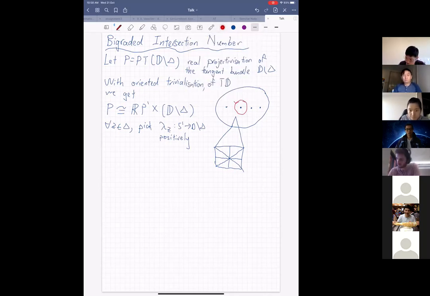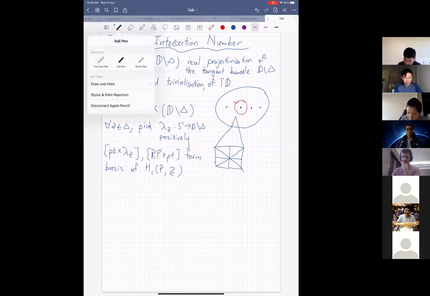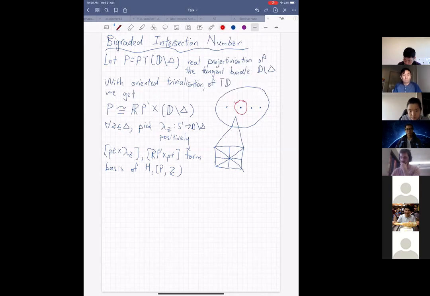I think with basic algebraic topology, you'll see that. So what's the basis of the first homology of this P here? These two will form the basis of H1 P. So at every point you have one RP1, and for every RP1 you have one lambda z.